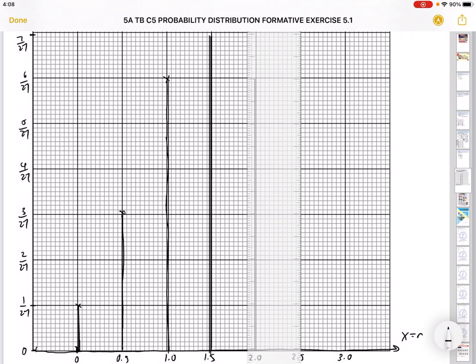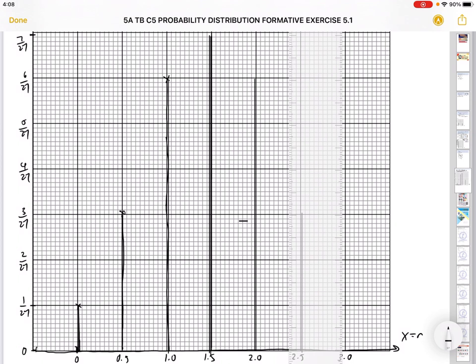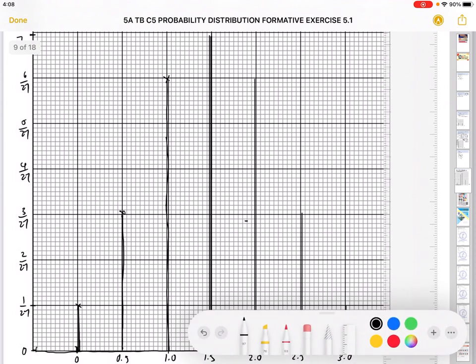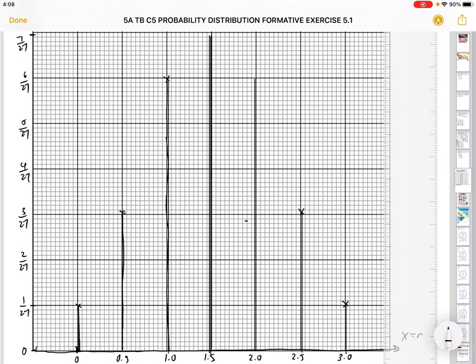This graph paper is a bit too big in a way, but I'm using a standard graph paper here. So erase this, put a cross. Remember to put a cross for each value here. Cross, cross, cross. This one I move up a bit so you can see the cross here. So my graph is almost done.